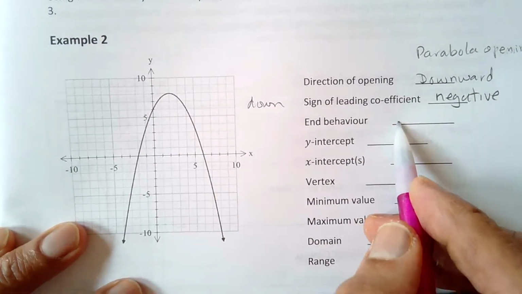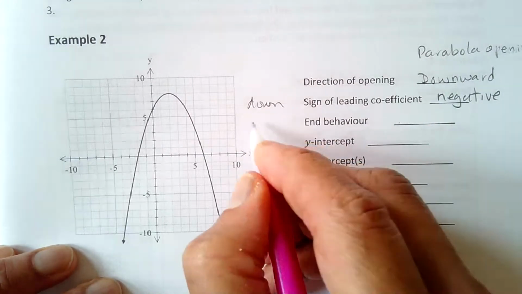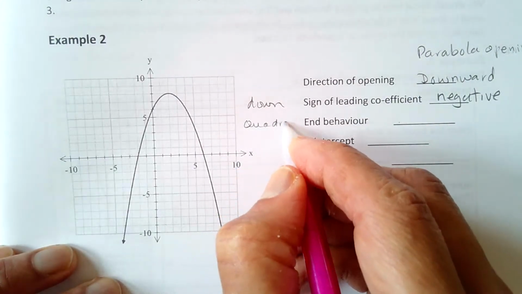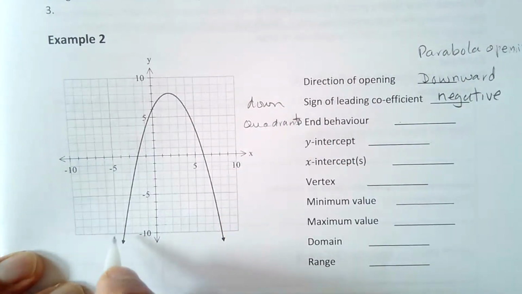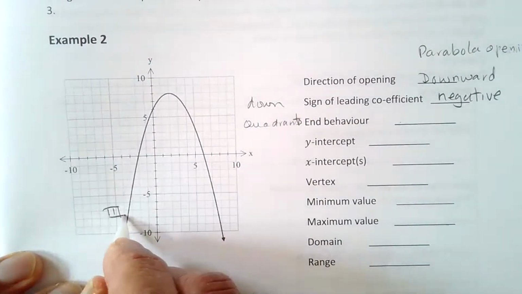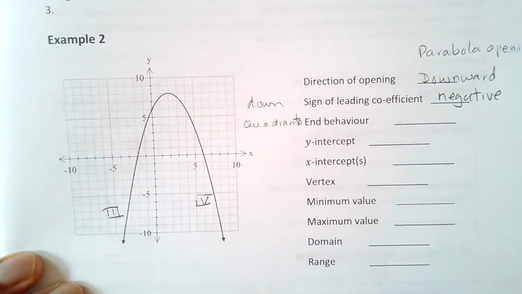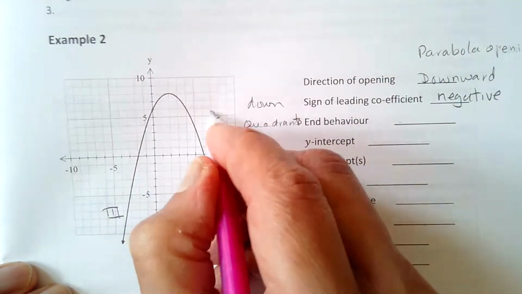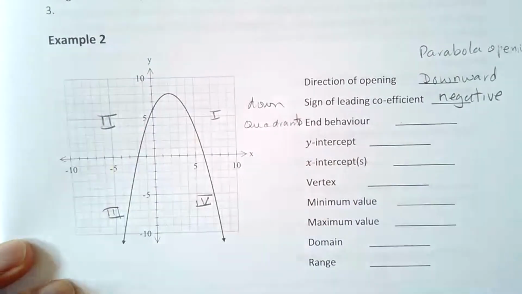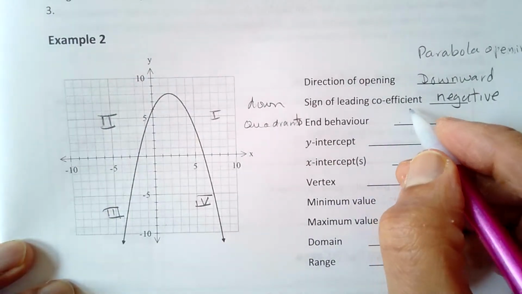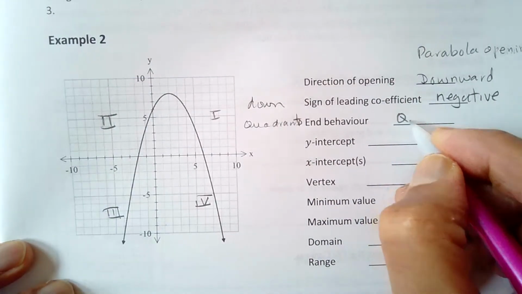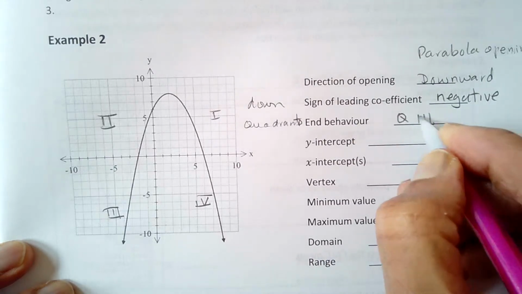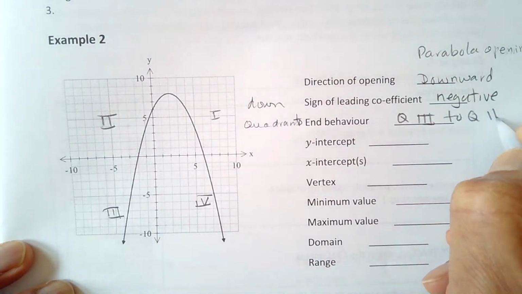Now, end behavior is what quadrant, we're looking at the quadrants here. So it's going from quadrant 3 to quadrant 4. Now this is quadrant 1, this is quadrant 2. So we said end behavior from quadrant 3 to quadrant 4.